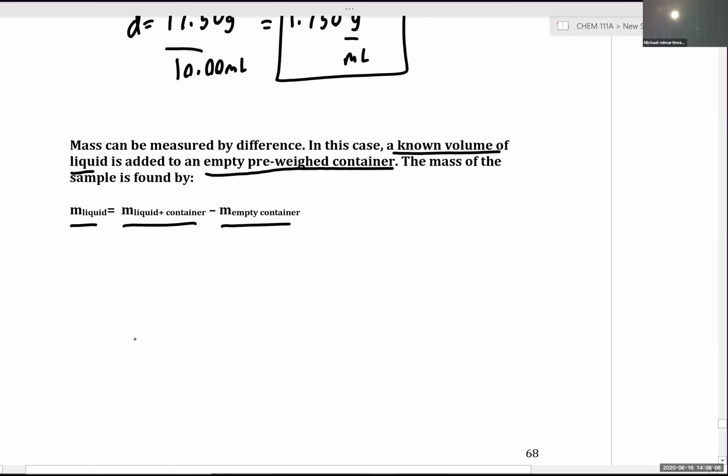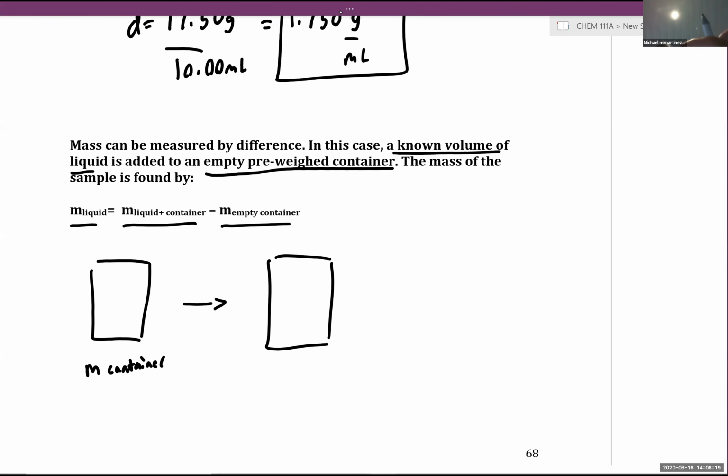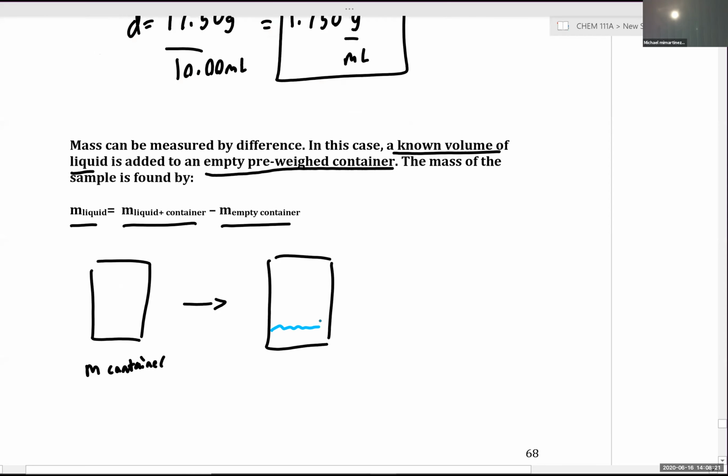So for example, if you have your empty container, okay, and then afterwards you add some liquid. If we subtract the mass of the empty container, we can in turn figure out the mass of the liquid via difference.